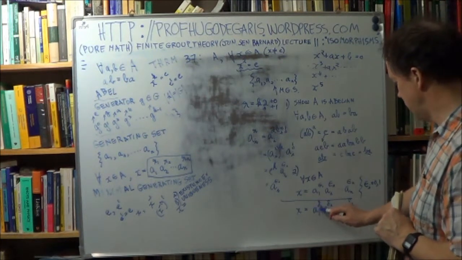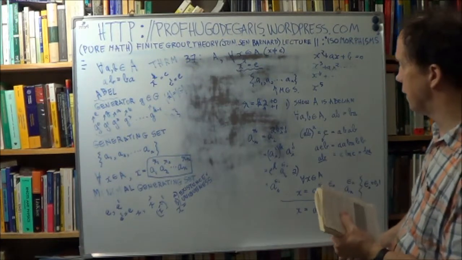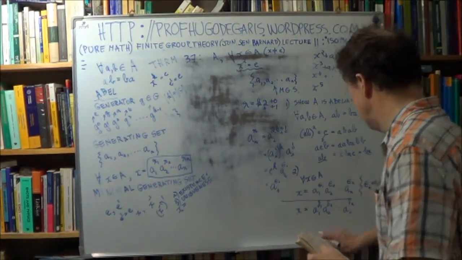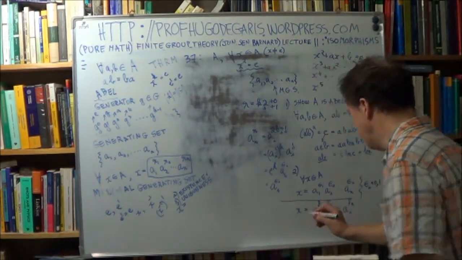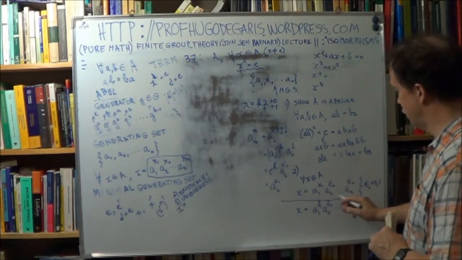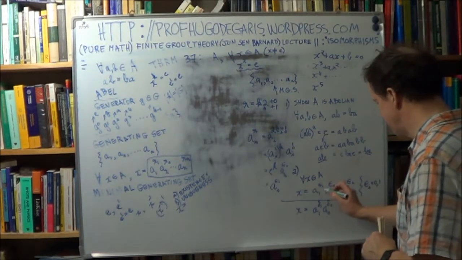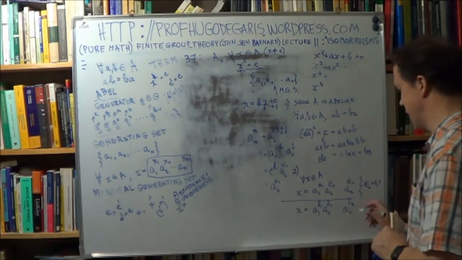So we will let this be equal to this. I'm running out of board. So the assumption is, assume there are two ways to express this, right? So that means this right-hand side equals this right-hand side.